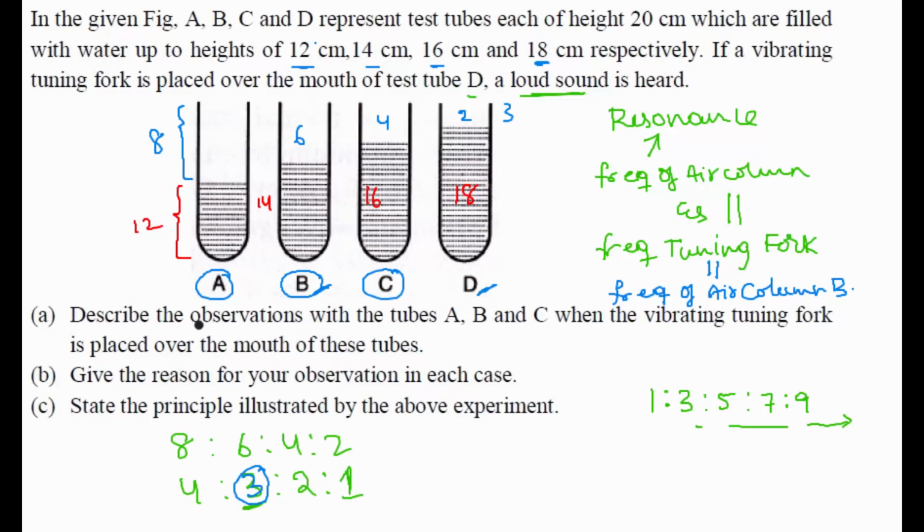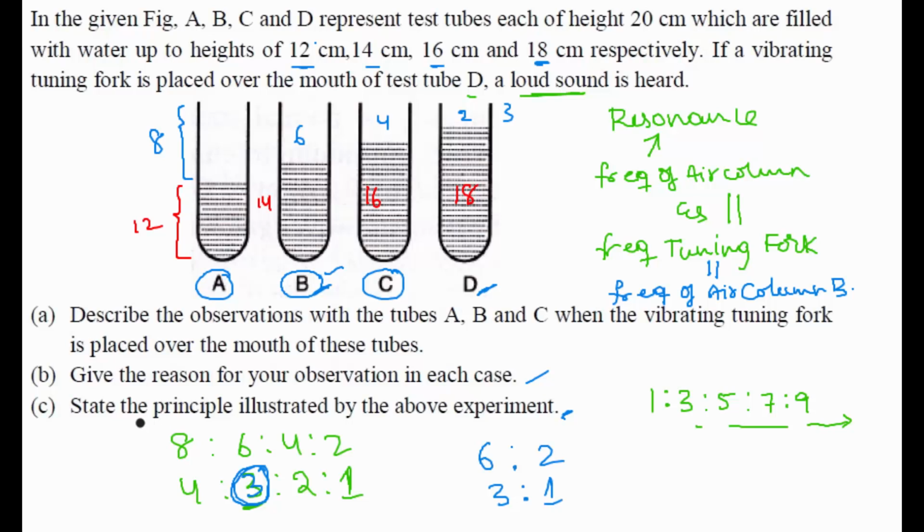Question: describe the observations with tubes A, B and C when the vibrating tuning fork is placed over the mouth of these tubes. So B will be louder and A and C will be comparatively less loud. Give the reason for your observation in each case. The reason is nothing but the length ratio is 3:1, right? This is B.